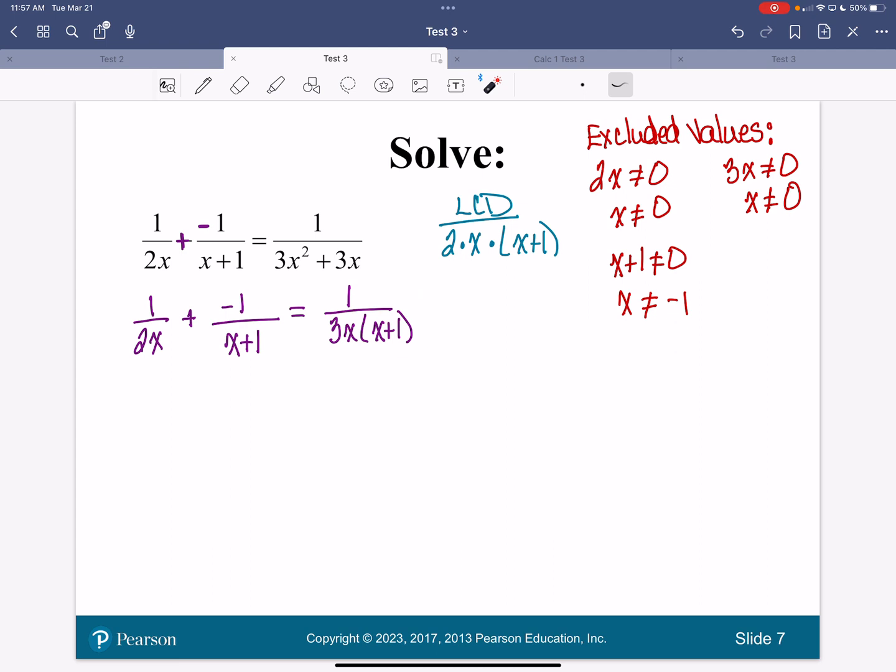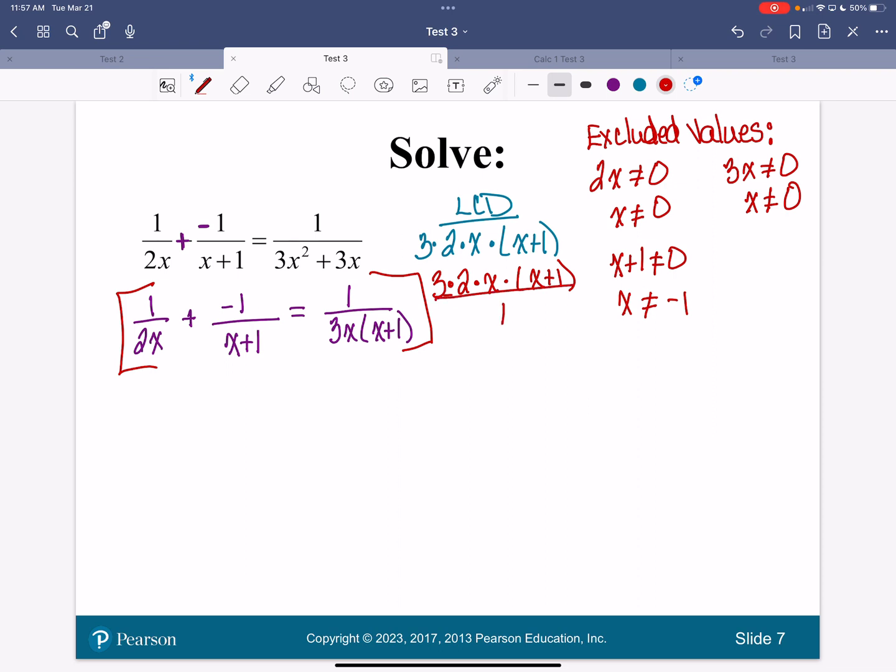What do I not have covered? The 3. So now I am going to multiply everything times 3 times 2 times x plus 1. I would not multiply that out. You could do 3 times 2 is 6 if you wanted to, but I typically don't because I know I'm going to have some stuff to cancel out. So I'm going to multiply everything times my LCD over 1.